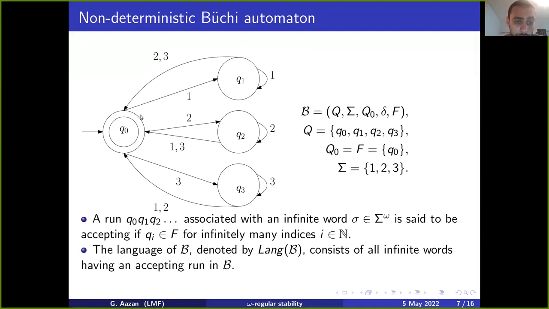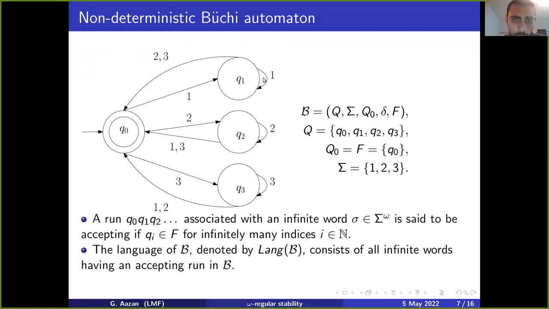And if this infinite run visits Q0 an infinite number of times, we say that this infinite run is accepting. The set of all words having an accepting run on this automaton is nothing but the language of this automaton B.